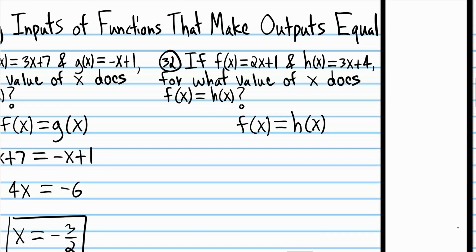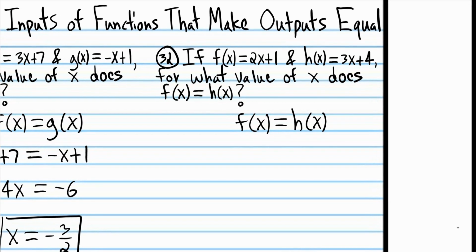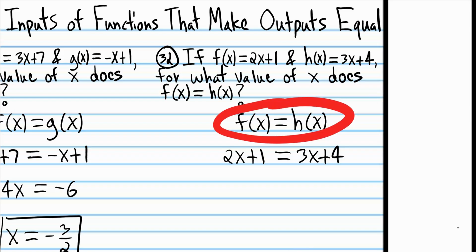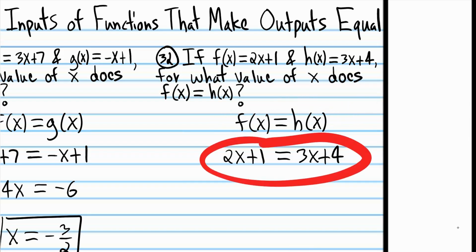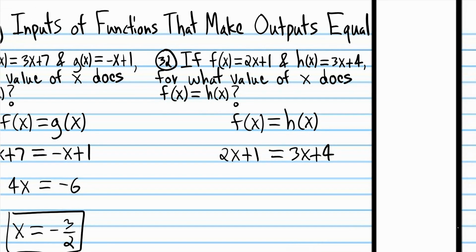We want those to be equal, and so we have to find the x values that make them equal. So I just took this equation and rewrote it down here, but I replaced f of x with 2x plus 1, and I replaced h of x with 3x plus 4. So now I'm going to subtract 2x from both sides, and I'm going to subtract 4 from both sides, and we're done. So x is negative 3.